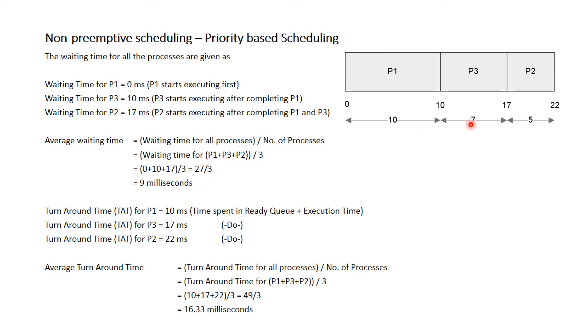For process P2, the time in the ready queue is 10 plus 7, 17, plus the execution time of P2, which is 5. So 17 plus 5 is 22 milliseconds. And the average of the turnaround times of all three processes is 16.33 milliseconds.